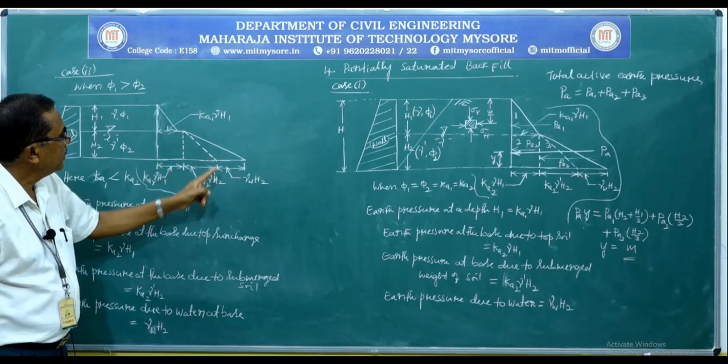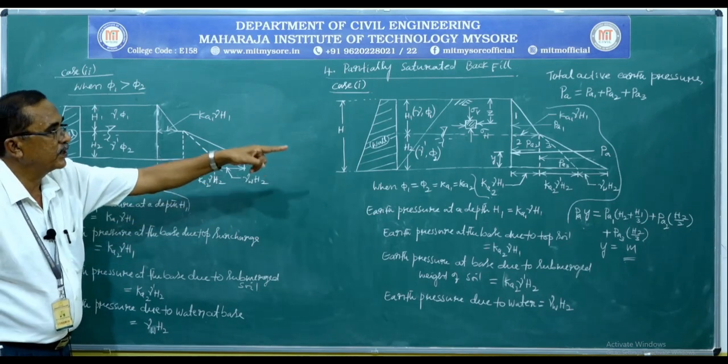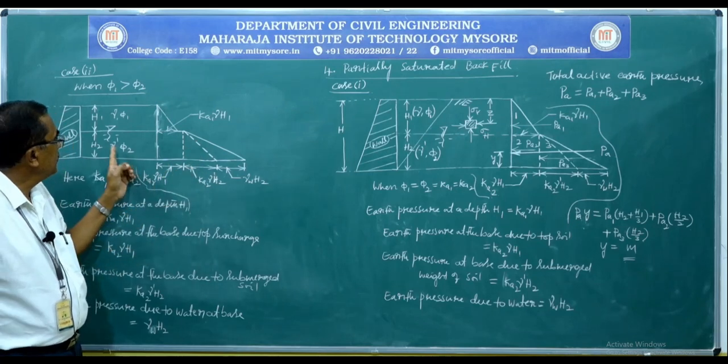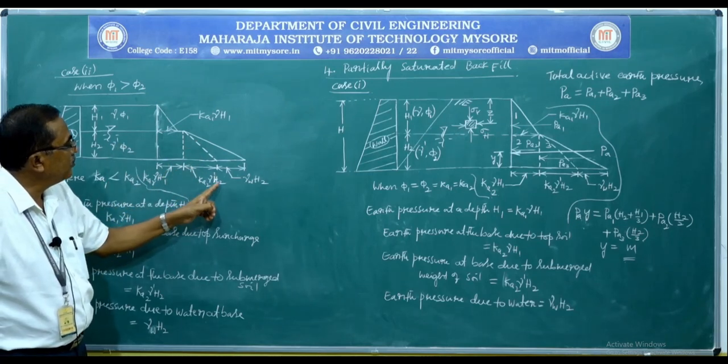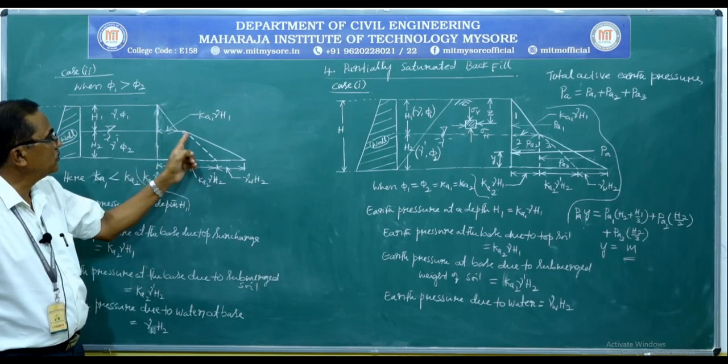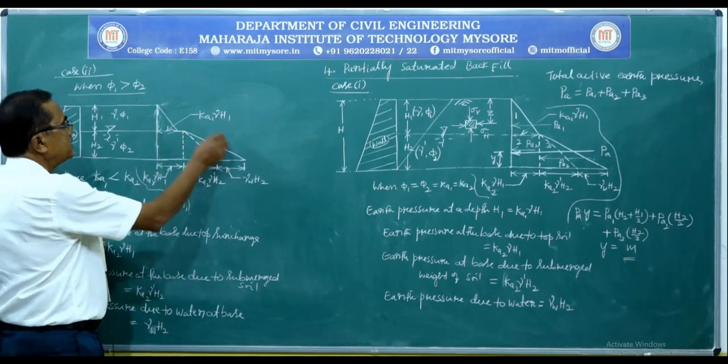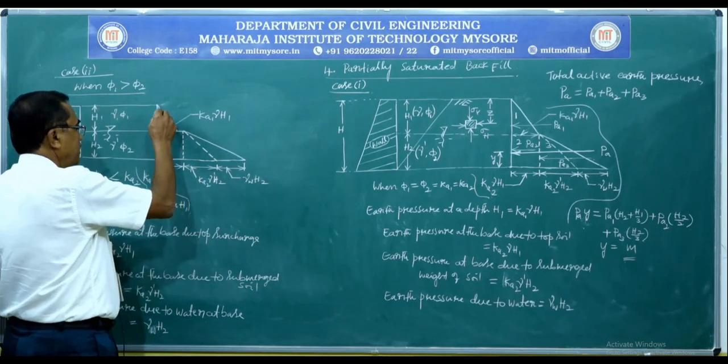The remaining two values are as usual, as we calculated before: pressure due to the submerged soil is equal to Ka2 into gamma dash into H2, and pressure due to water is equal to gamma W into H2. Here also it is not a regular geometrical shape.